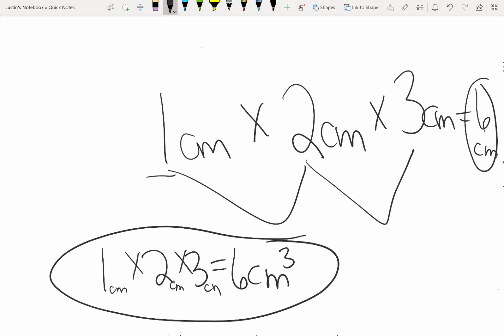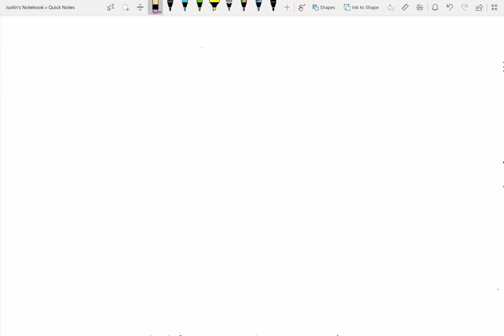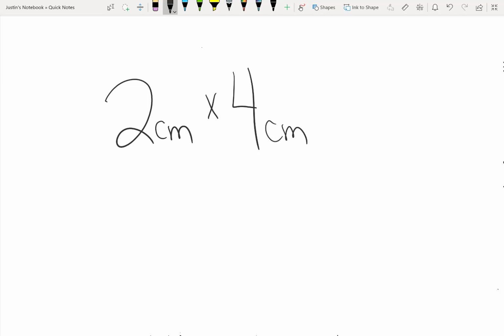Alright, so the next row, the width is 2, so then you would start off with 2 for your width, and then you would multiply to find the height and length. The height should be multiplied by 2, so you'd have 2 centimeters for the width, times 2 times 2 is 4, because our height is 2 times the width, times, sorry, 3 times 2, which would be the length, because the length is 3 times the width. 3 times 2 is 6 centimeters.